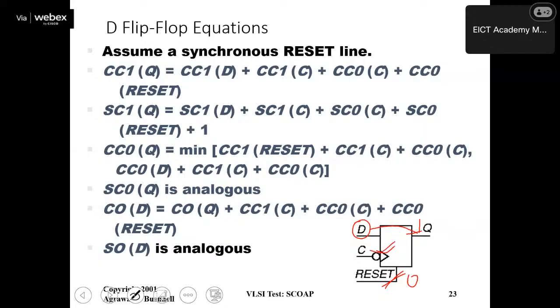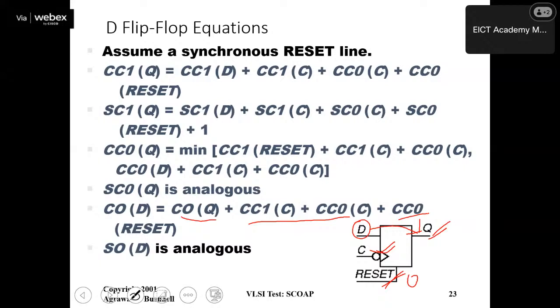It means CC0 of C plus CC1 of C and the CO of Q. These are the things I have to take into consideration. So CO of Q plus active edge of the clock plus deactivating the reset. That is going to give me whatever at D input I will be having, the same thing I will be having at the output. Okay.